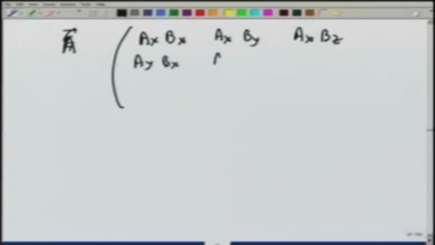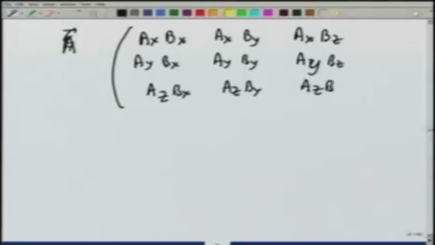So, first quantity I told you about is of those, let me write all the components: axbx, axby, axbz, aybx, ayby, aybz, azbx, azby, azbz.